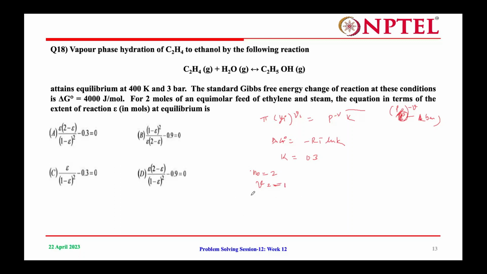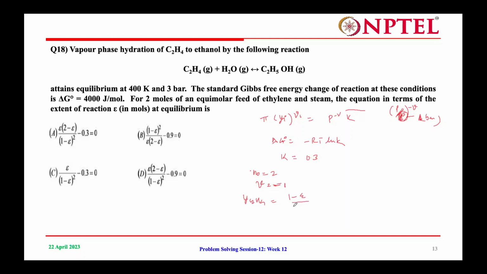Okay, calculate the mole fractions for each species. For C2H4, initially 1 mole of C2H4, and for reactants we use negative stoichiometric coefficients times the extent of reaction.